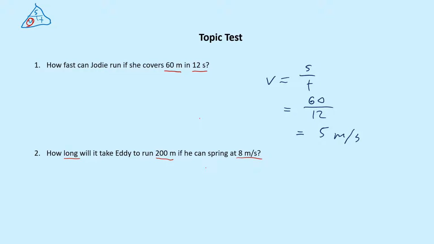In this example, you cover up the T part of your triangle, and then you say, okay, T equals S on V, which equals 200 meters over 8, which equals 25 seconds. And you can answer your question that way. Don't forget, of course, to always list your givens, which I haven't done here. S equals 60 meters, and so on. You know what you should be doing there.